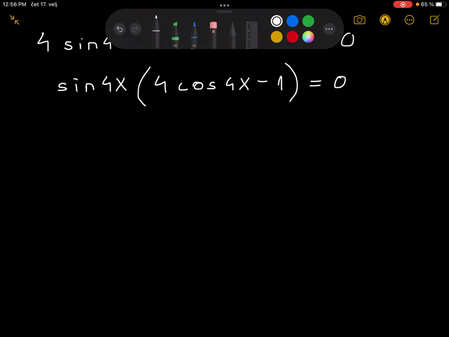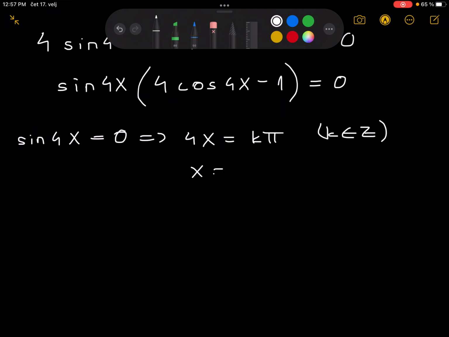So I'm going to go ahead and solve that. In the first case, we get that the sine of 4x is equal to 0. And from here, we get that 4x is equal to k times pi, where k is an integer.